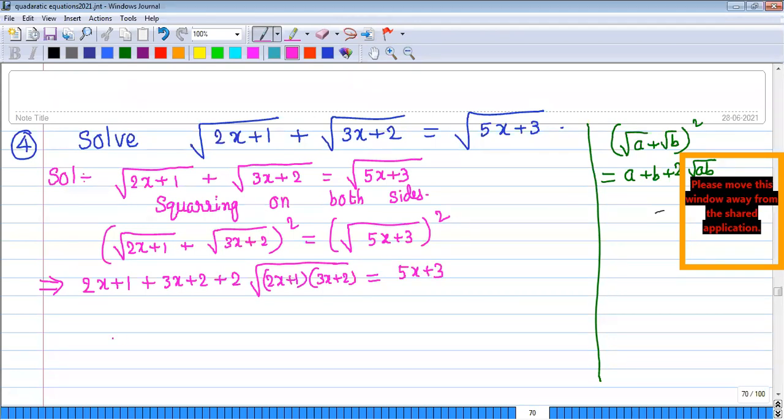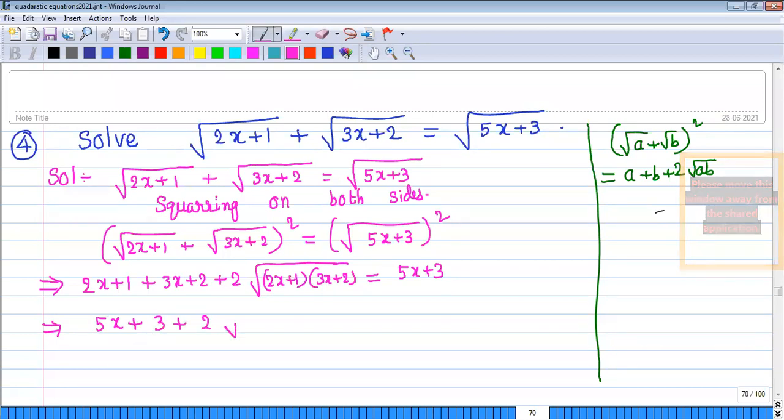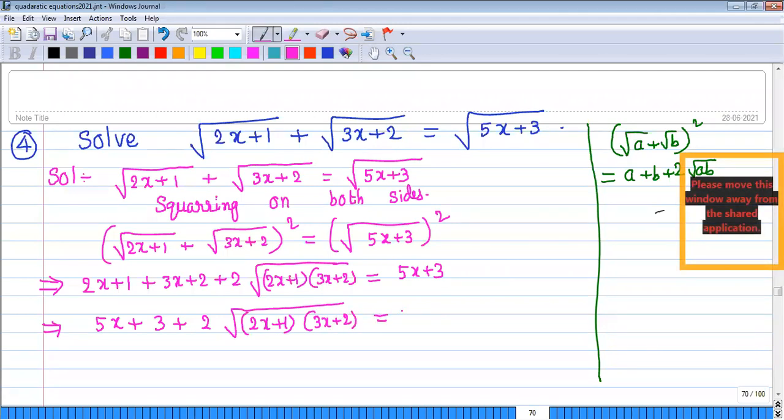Here very interesting that 3x plus 2x is 5x, 2 plus 1 is 3, plus 2 root of 2x plus 1 times 3x plus 2 equals 5x plus 3.